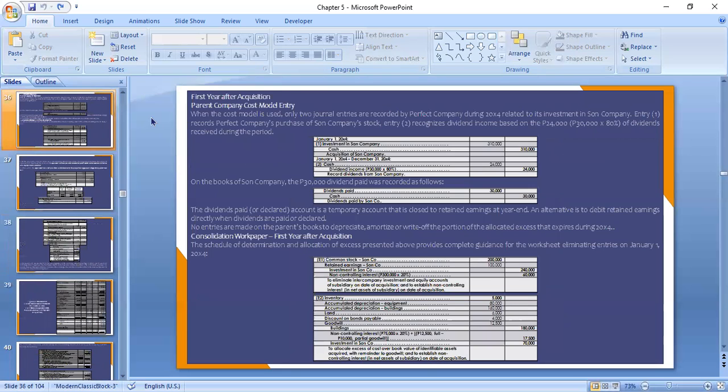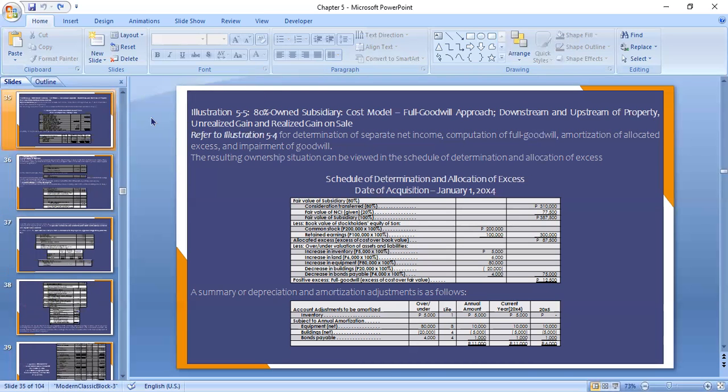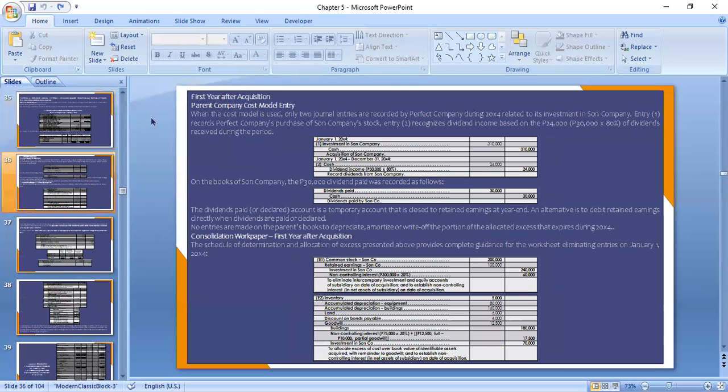So we have now the journal entries. First year after acquisition, the parent company cost model entry. When the cost model is used, only 2 journal entries are recorded by the parent, which is Perfect Company, during 2024 related to its investment in Sun Company.